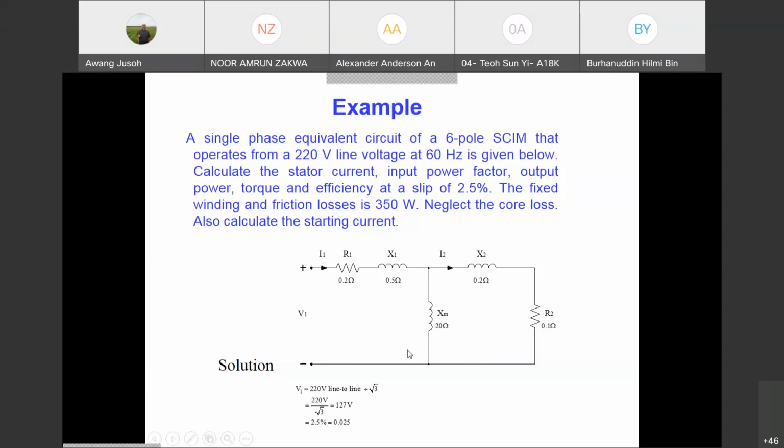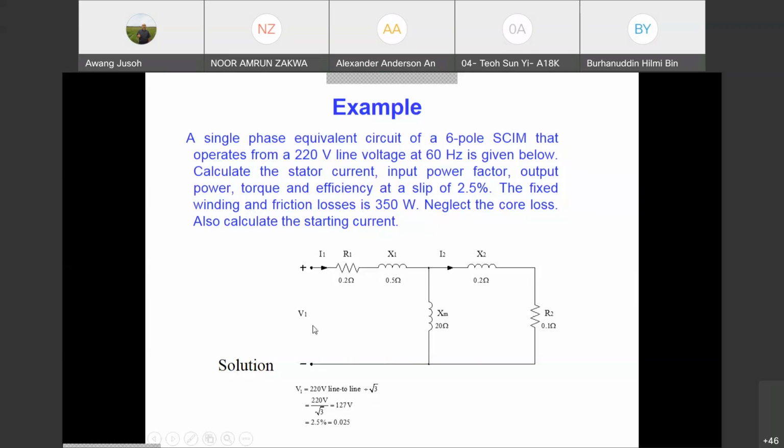Okay. First find the per phase. So what is the per phase for the voltage? It does not mention anything about the winding, but they assume here the stator is star connected. It's not written here. Because in the solution we divide by root 3, that means the stator is star connected. Because it is star, then we divide by root 3.